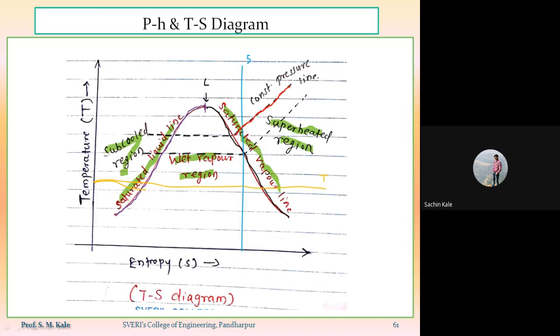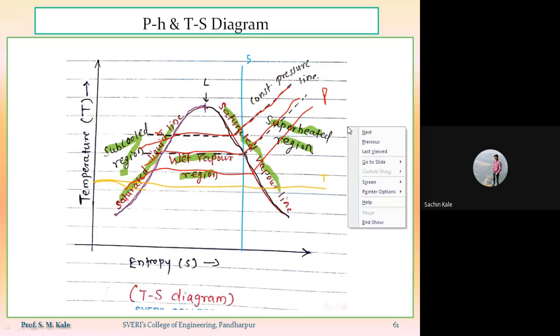Horizontally, and afterwards, these lines are not straight lines. Another line of constant pressure will be likewise, and if you want to draw a third line, it will be likewise. This will be called a constant pressure line.